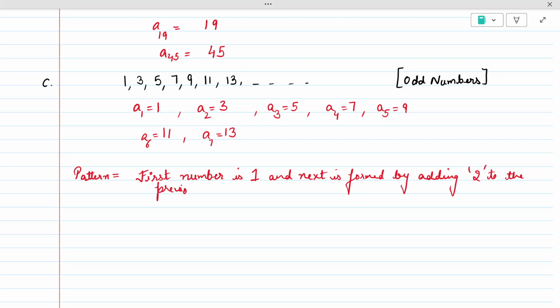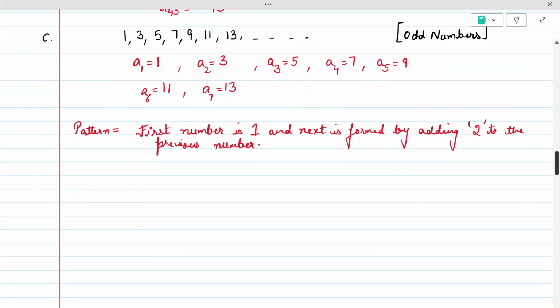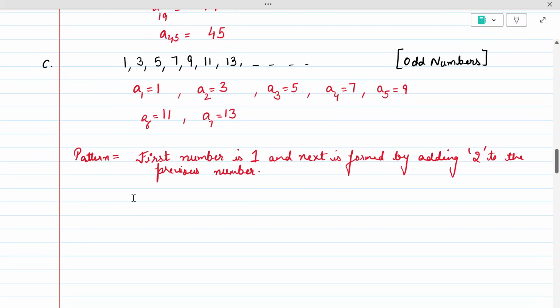So again, I will write here my A1 was 1, the number at first position was 1. In order to get A2, I have added 2 to the first number, to A1.